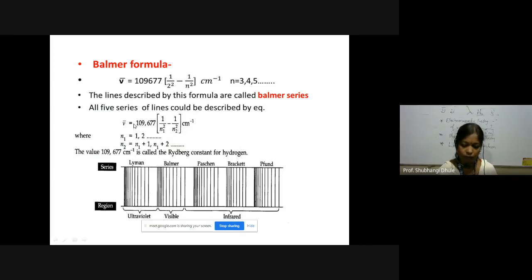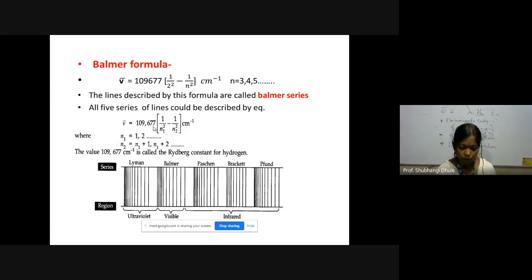So this is the important formula to find all the frequencies of all the radiation of the hydrogen emission spectra. Emission means energy which is emitted, and if it is absorbed, then it is called the absorption spectrum.